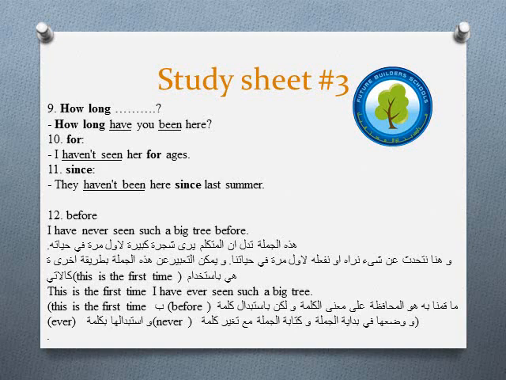If I want to change the sentence using the expression this is the first time, I omit before. أحذف كلمة before. I put the expression this is the first time at the beginning of the sentence. أضع التعبير هذه المرة الأولى this is the first time في بداية الجملة الجديدة. And I continue using the subject I and have.